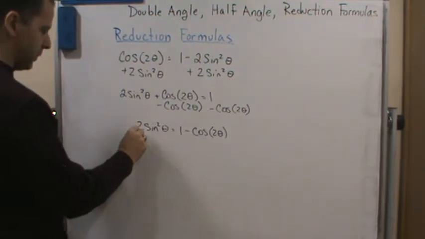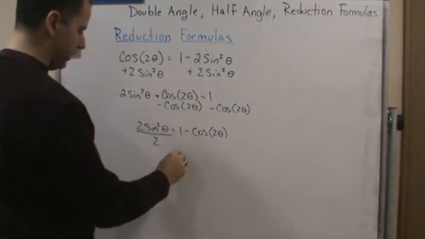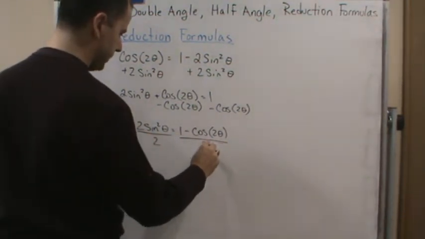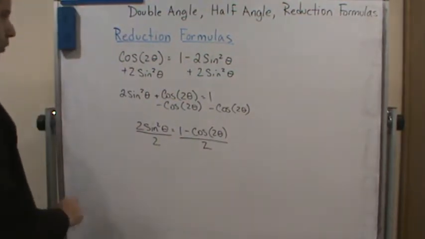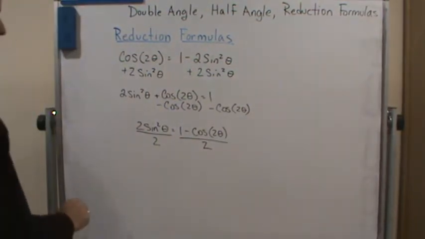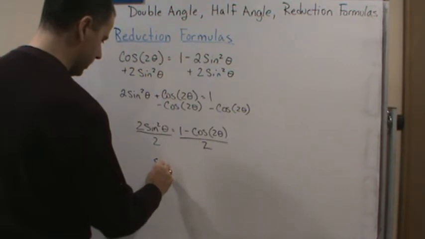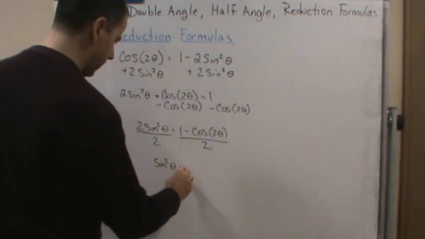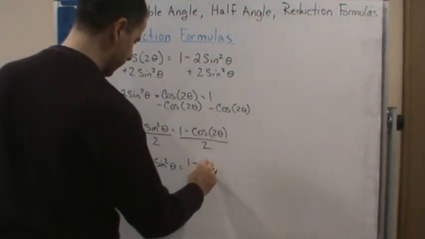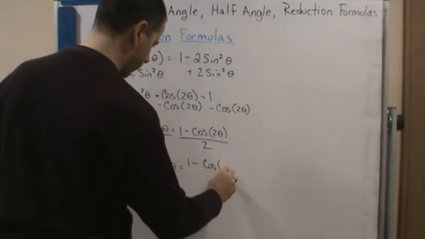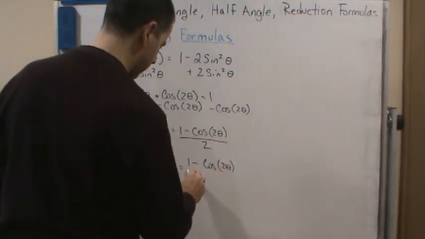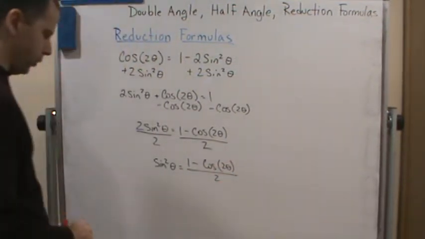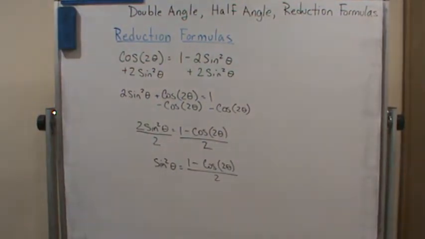And then last but not least, I just go ahead and divide both sides by 2. And I get sine squared theta equals 1 minus cosine 2 theta over 2. Okay, so that's the first one.